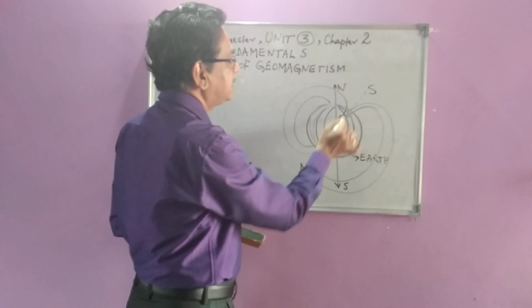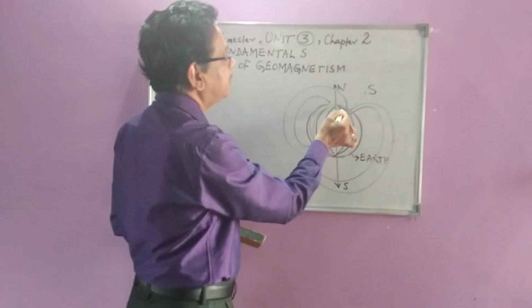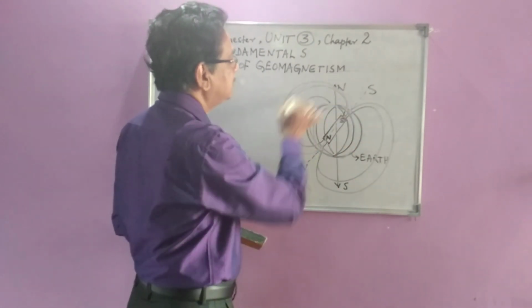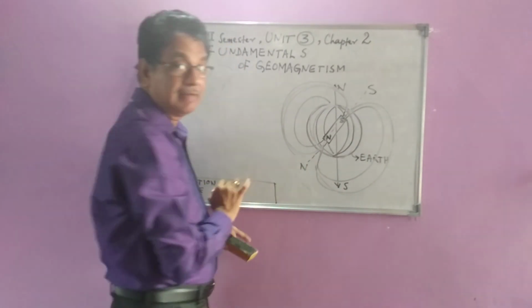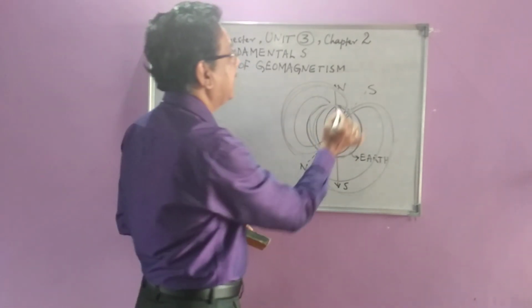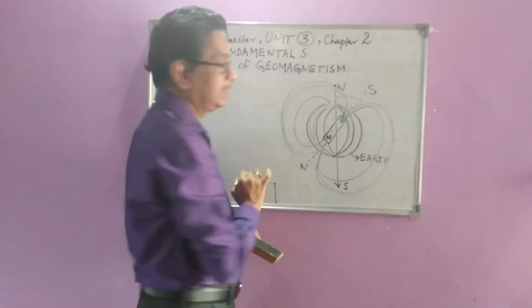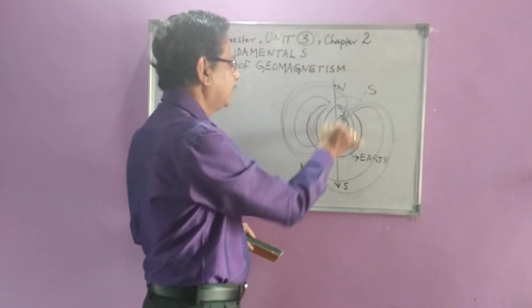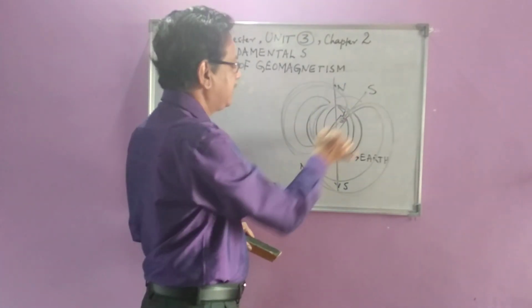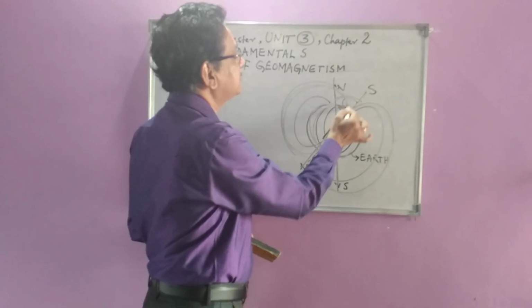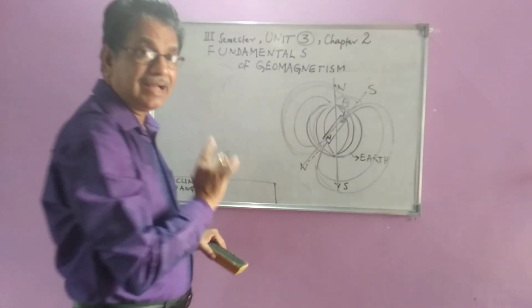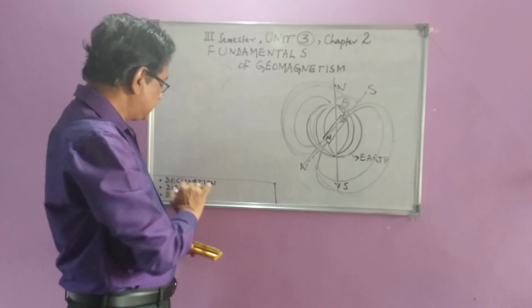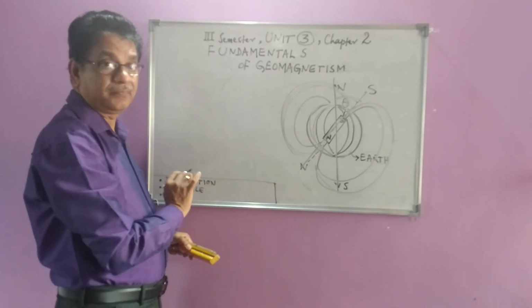If you take the magnet and this axis, you can draw the meridional lines on this Earth like this. Now the angle between these two, that is the geographic meridian and the geomagnetic meridian, this angle is theta, and that theta is known as the declination angle.